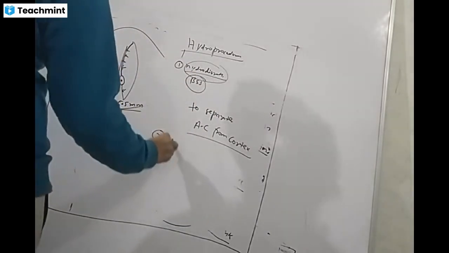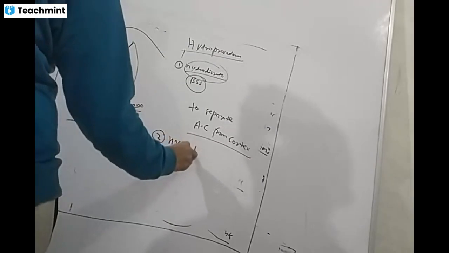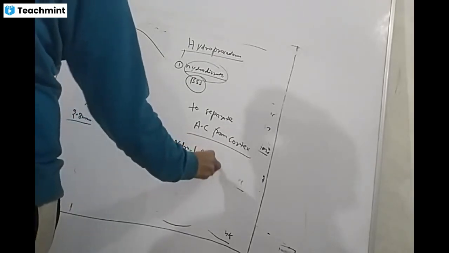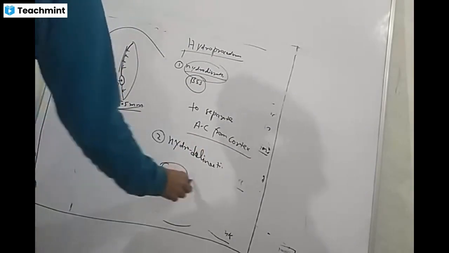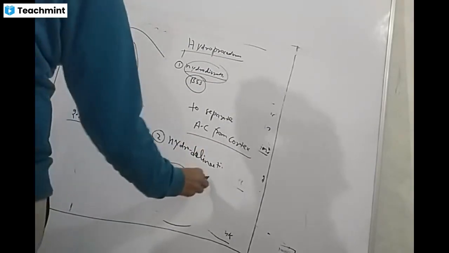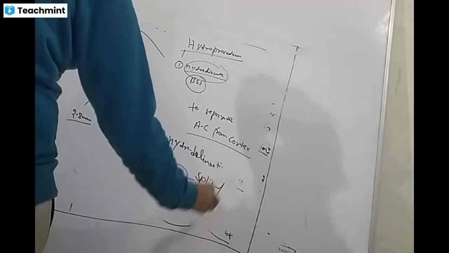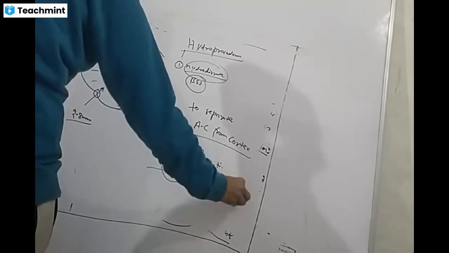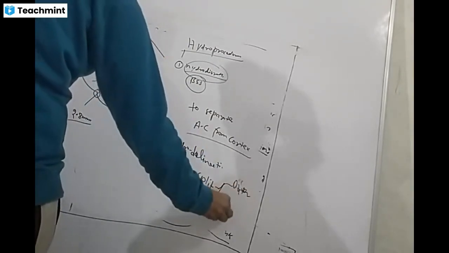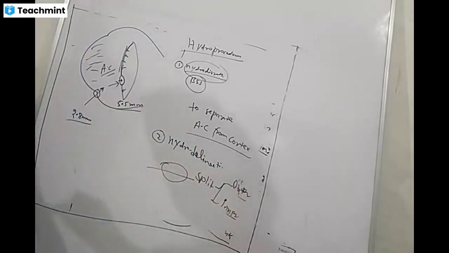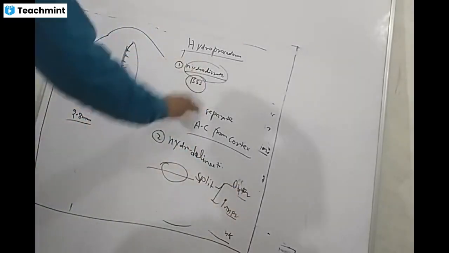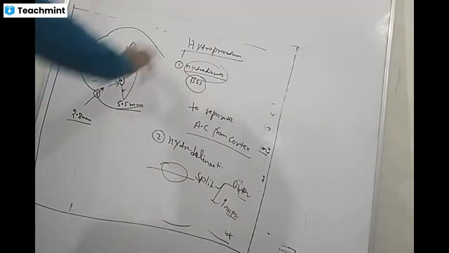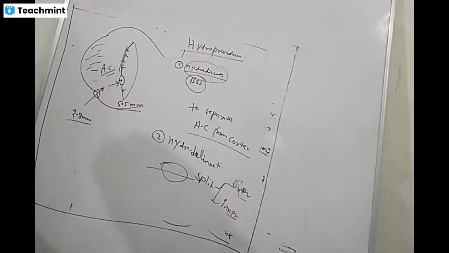Then one more step with this procedure is hydrodelineation. In this, the nucleus is split into two parts, outer and inner. Just to make the procedure simple, or to separate these things, we are doing this hydro procedure, to split the nucleus.